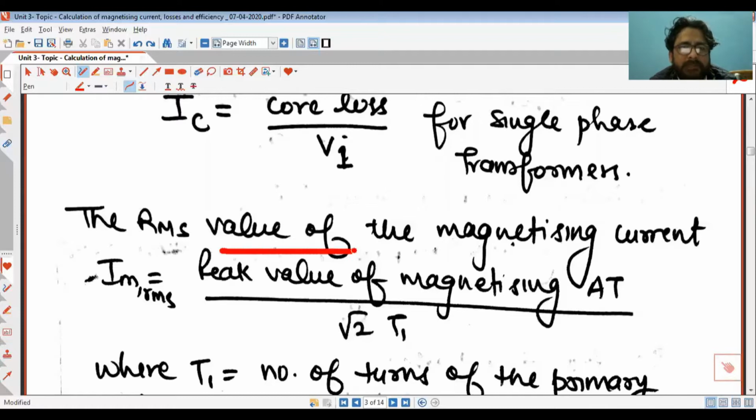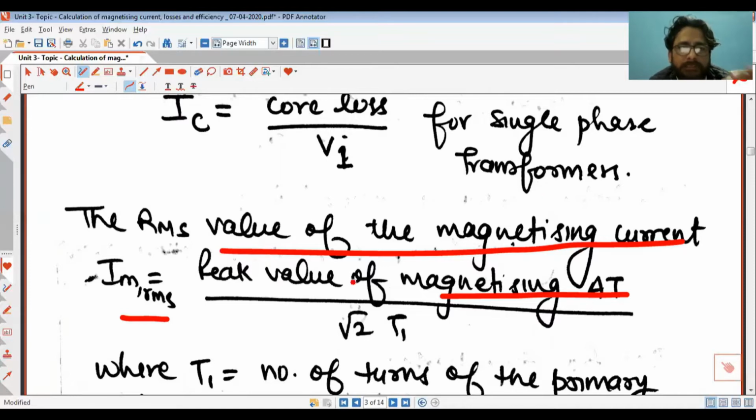And the RMS value of the magnetizing current, what will be the RMS value? RMS value is the peak value of the magnetizing ampere turn, or you can also say the total magnetizing MMF required, divided by root 2, because RMS value is equal to peak value divided by root 2.